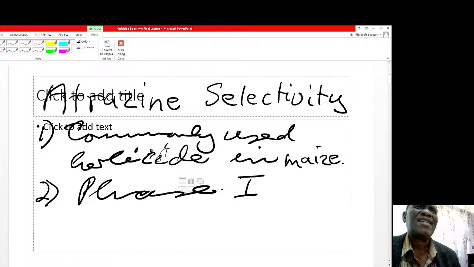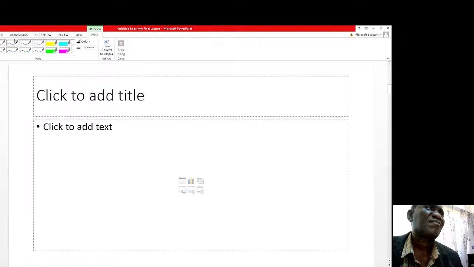How is the selectivity achieved in maize? So that could be phase 1.